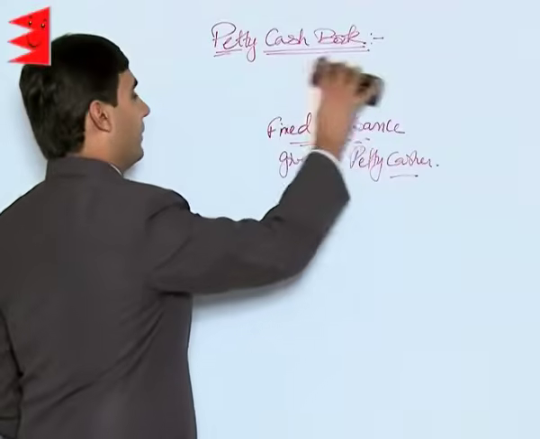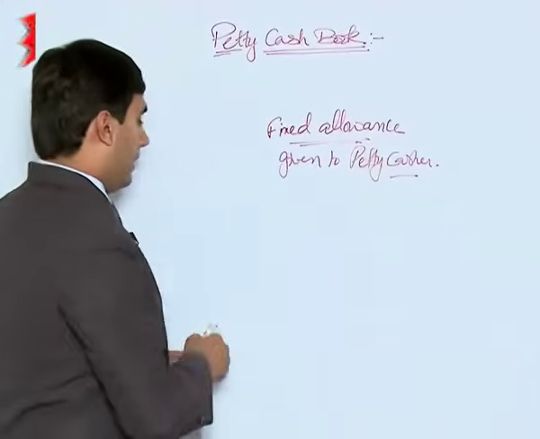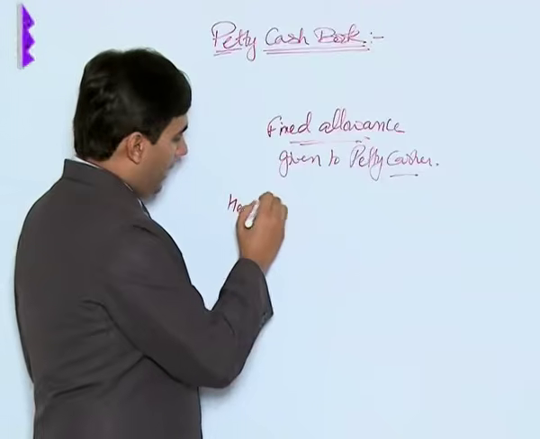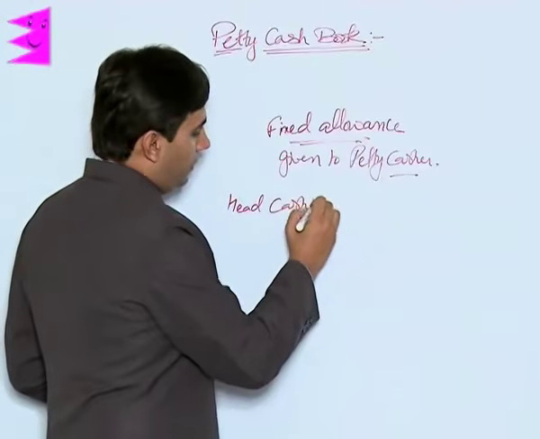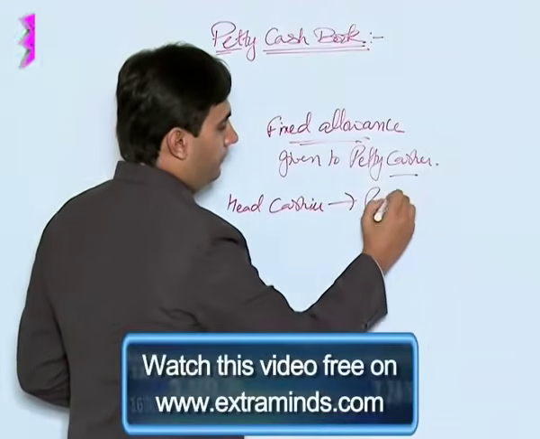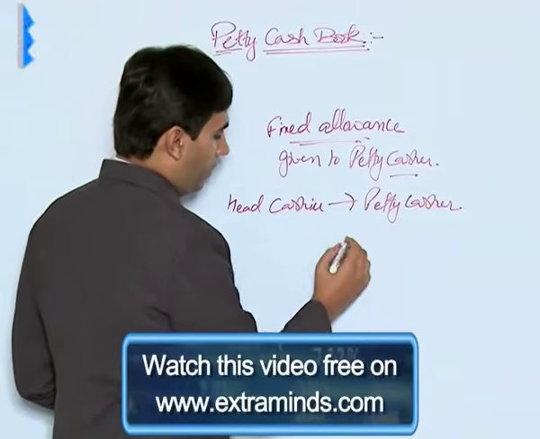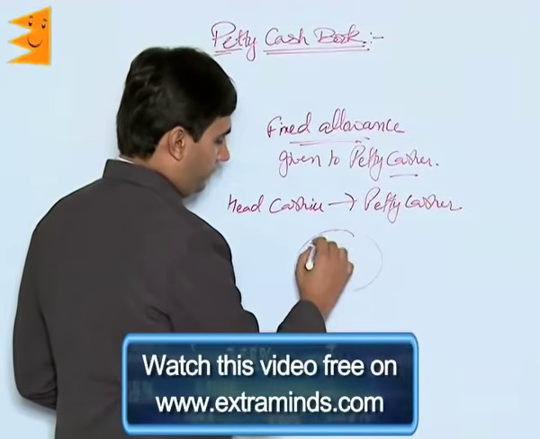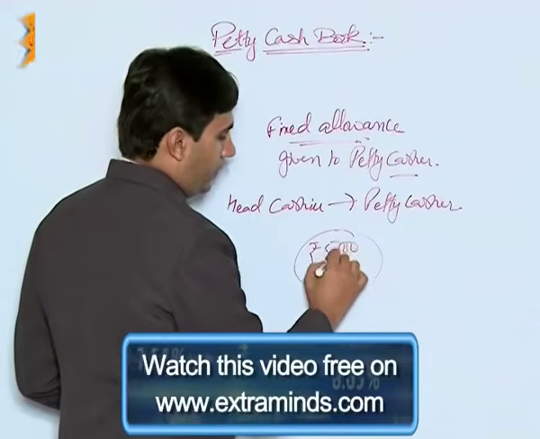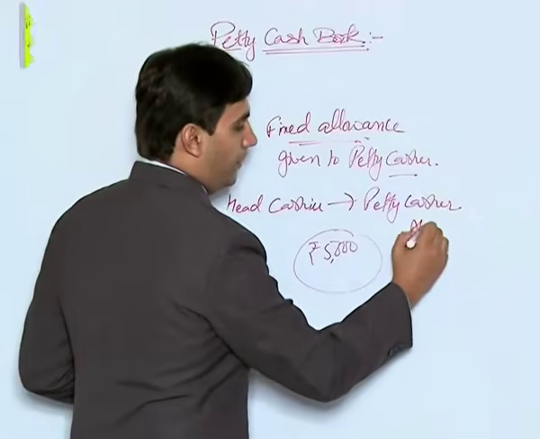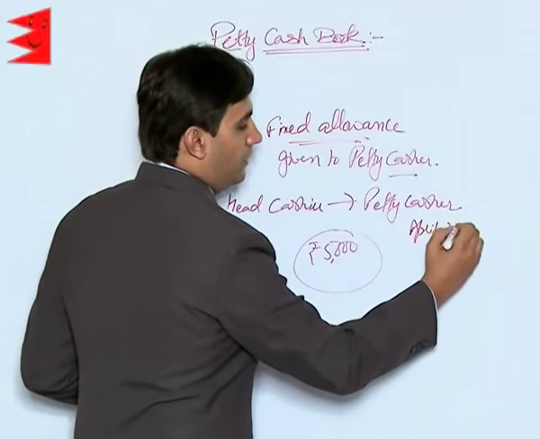Let us take an example. The head cashier gives petty cashier an amount of rupees 5,000 for meeting expenses for the month of April 2008.